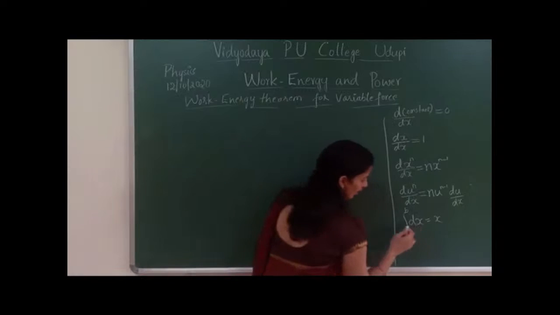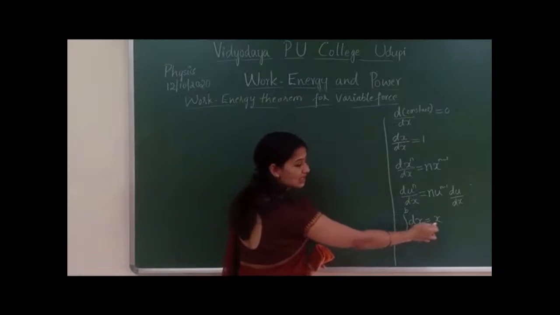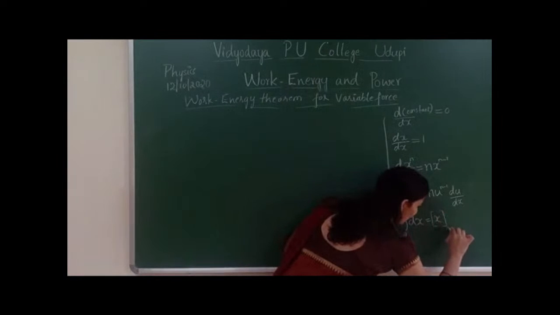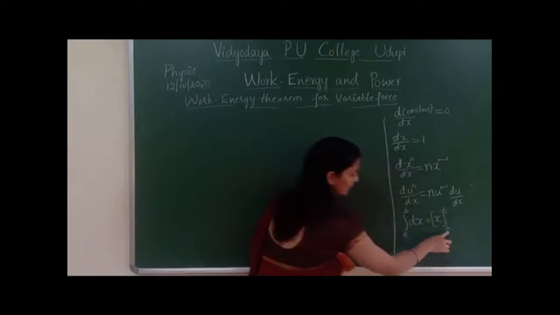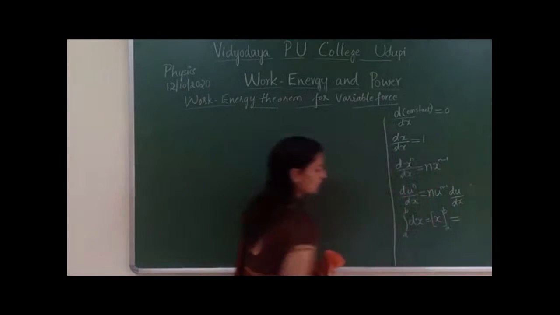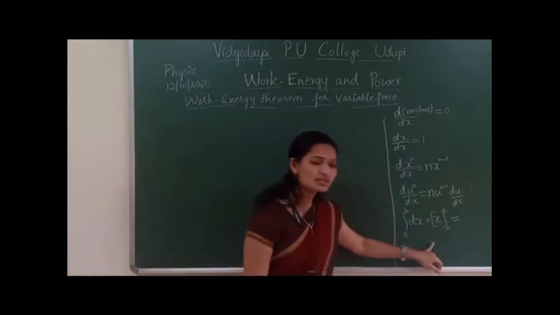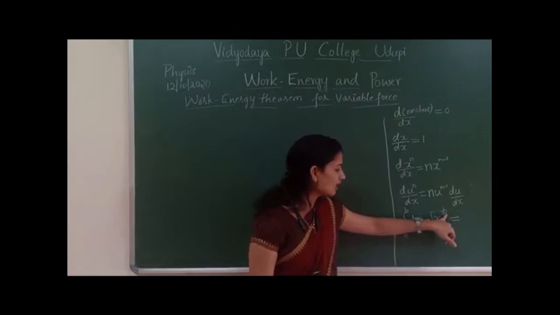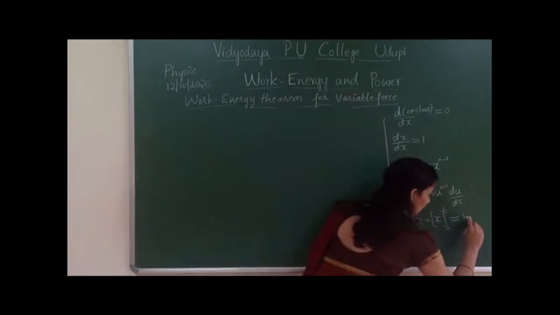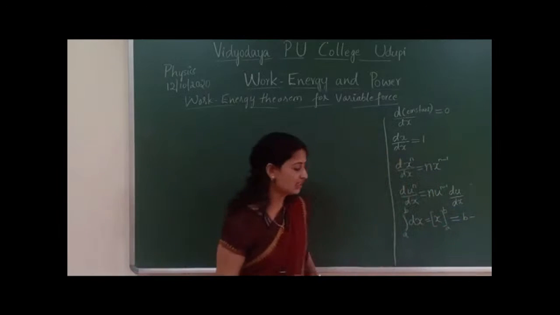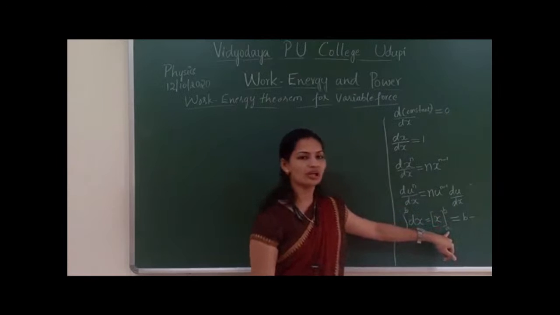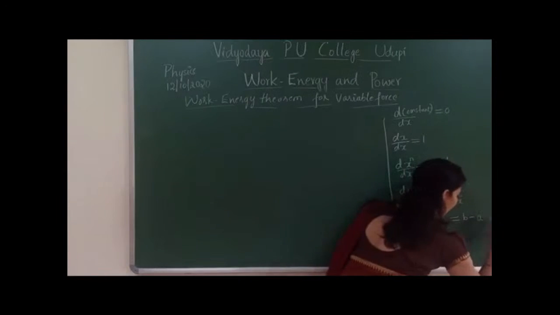Then how to apply this? The integration of dx is x. Then here we have to apply the limit, from a to b. First we have to substitute the upper limit in place of x, that is b, minus the lower limit in place of x, that is a.